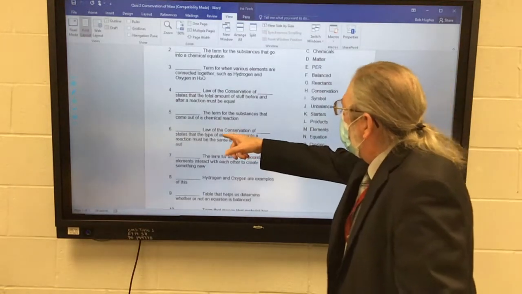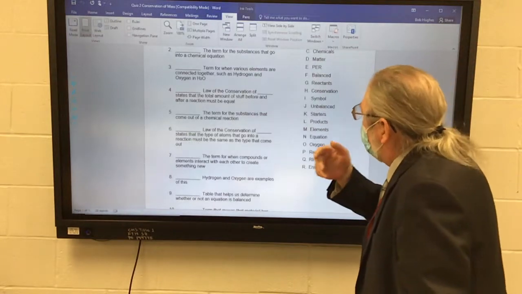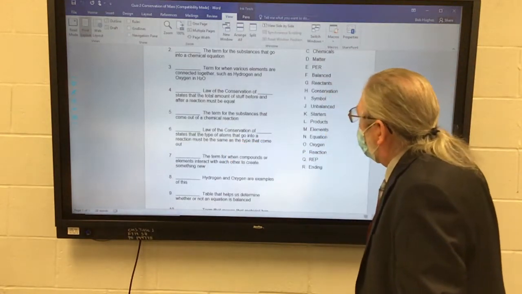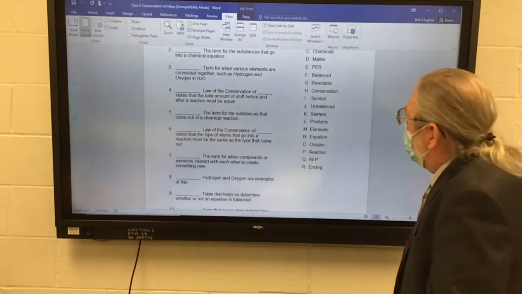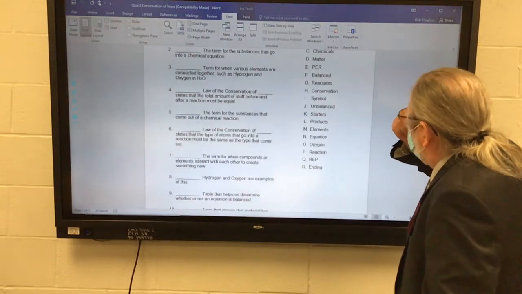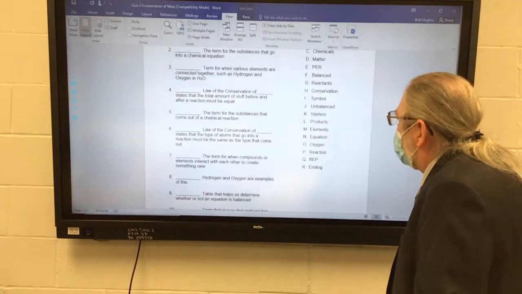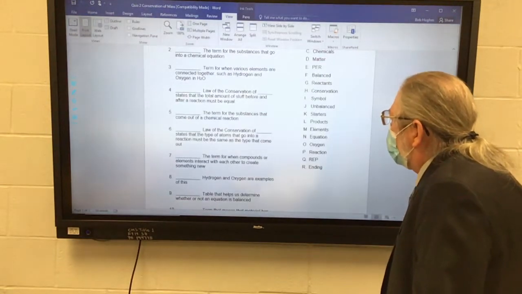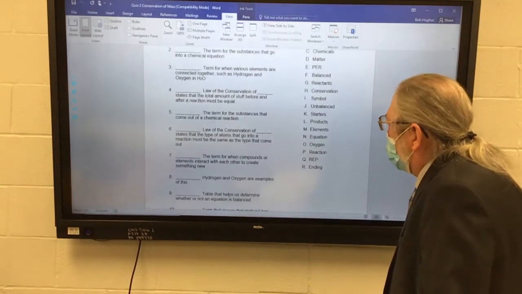The law of conservation of either matter or mass states that the type of atoms that go into a reaction must be the same as the type that comes out.